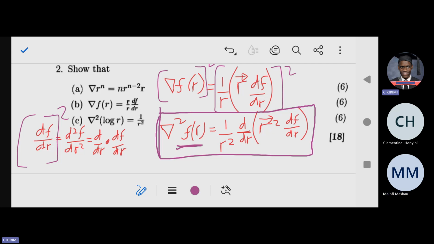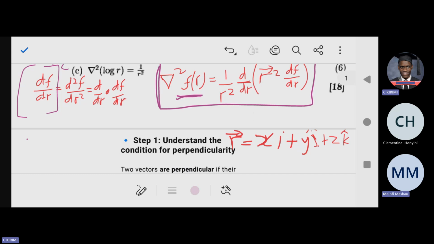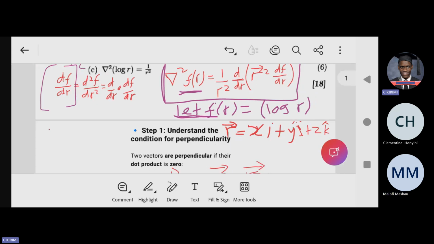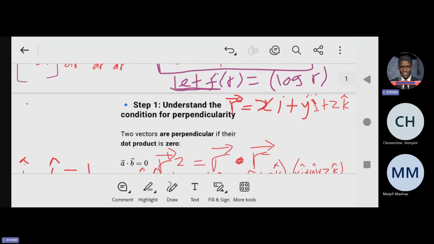So you say let F(R) be equal to log R. Then you put it in brackets. So this assumption must be clearly stated: let F(R) equal to log R. Then you can do the vector product.